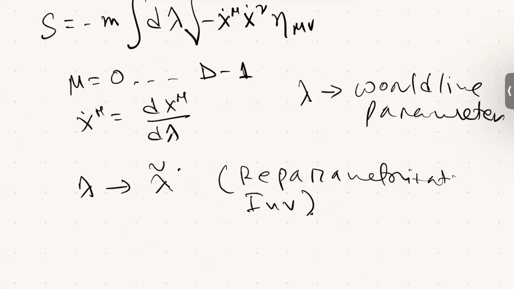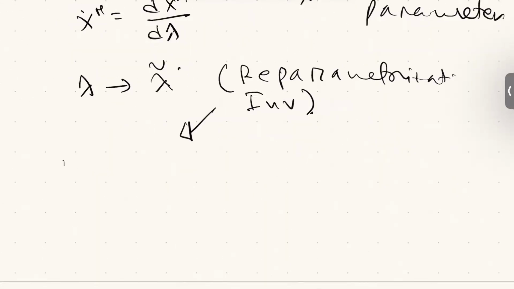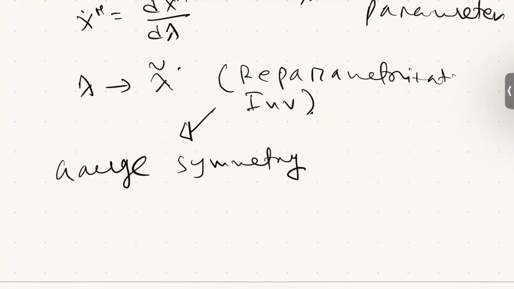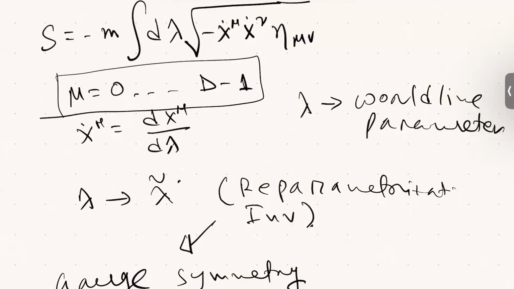So when you have a reparameterization symmetry like this, it is basically a gauge symmetry. So remember that. We are supposed to have d degrees of freedom there, right?